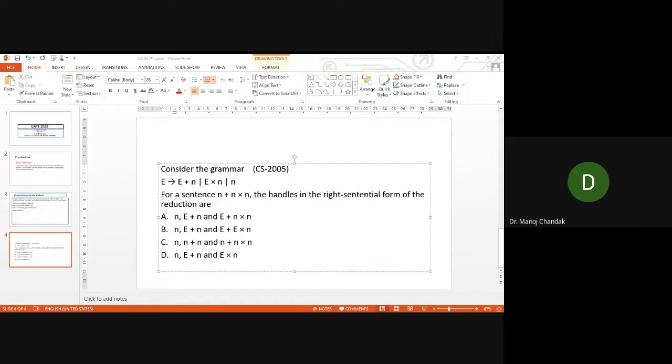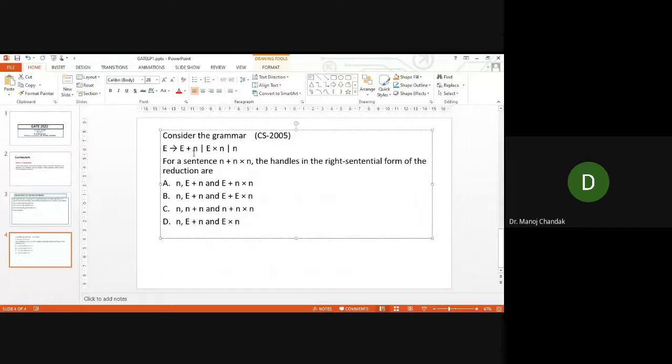The explanation is handle will be that part of the production rule which will allow you to do the replacement. So if you see this entity, you can replace it by E. So any answer, anybody, write on the chat window.